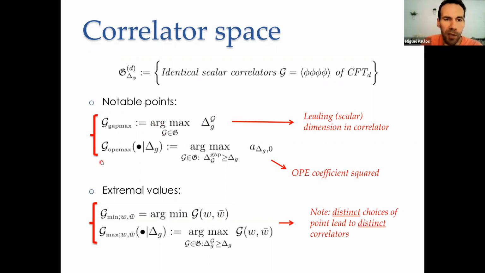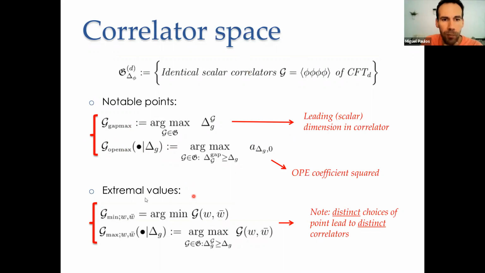Another notable point corresponds to maximizing some OPE coefficient. Here I'll consider a very basic case where you impose a gap: you consider correlators which have a gap, delta G, and then you maximize the OPE coefficient of the operator which sits at the gap. We'll see this in the next slide. This is basically the OPE coefficient squared. Inside this space, you can ask, what are these two points?